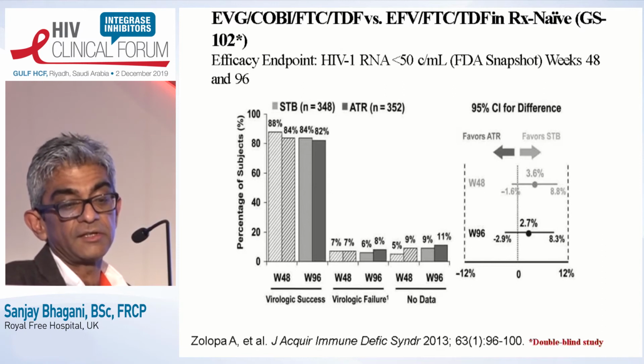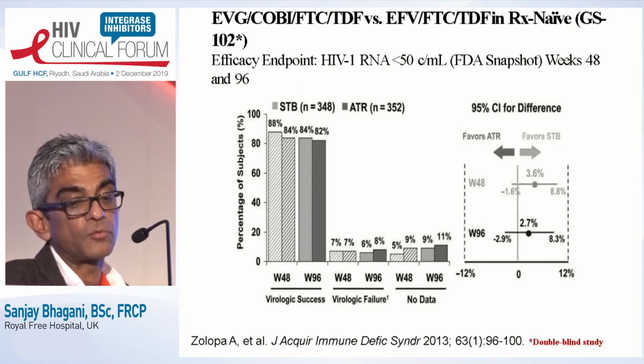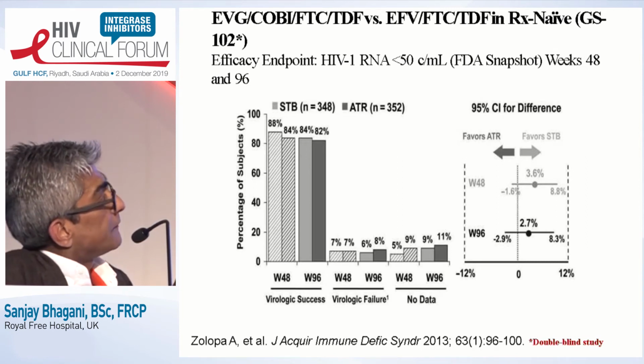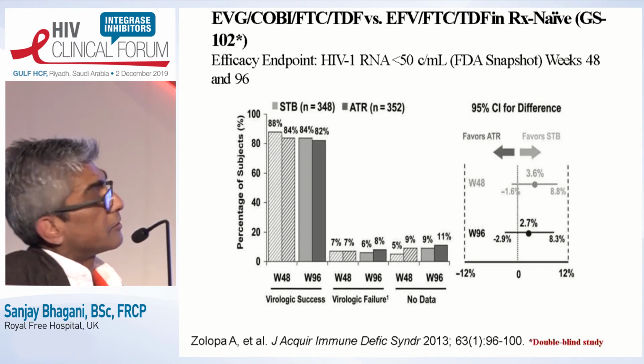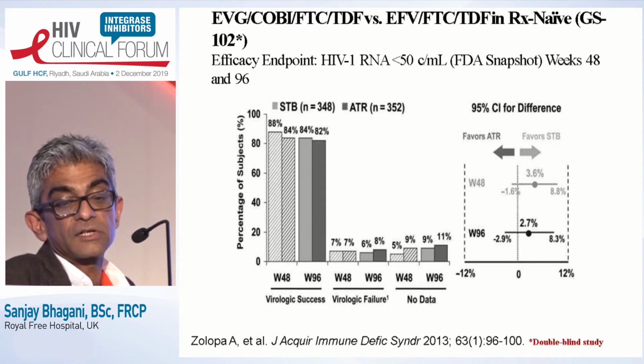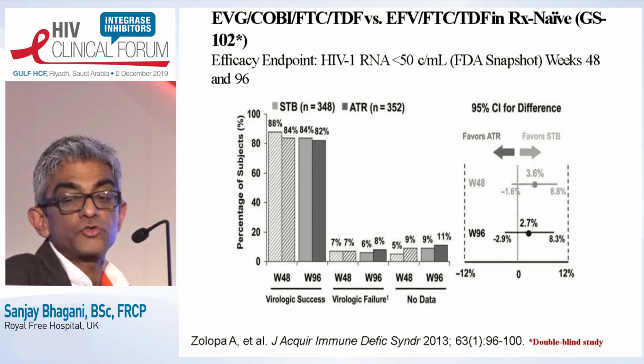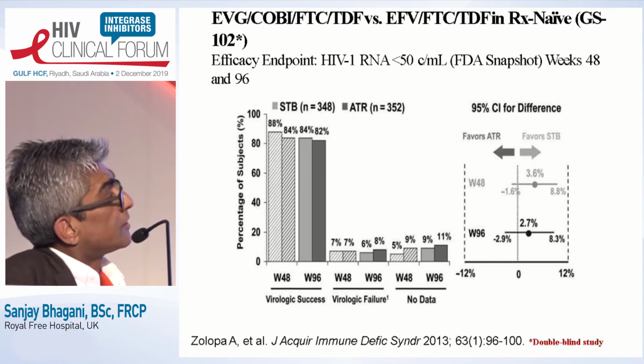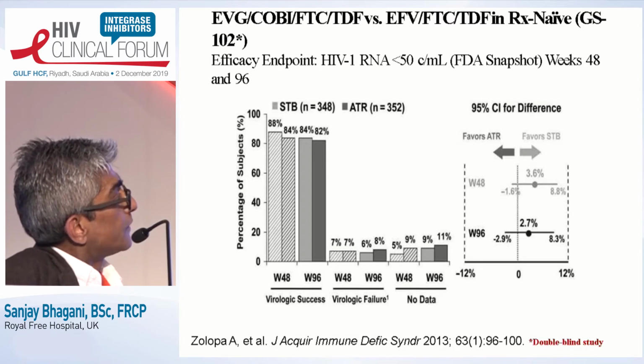This is the elvitegravir cobicistat study. So this is looking at the fixed dose elvitegravir cobicistat with Truvada compared to Atripla in treatment-naive patients, and the efficacy endpoint, as always in these registration trials, was an undetectable HIV viral load at week 48, assessed by the FDA snapshot.